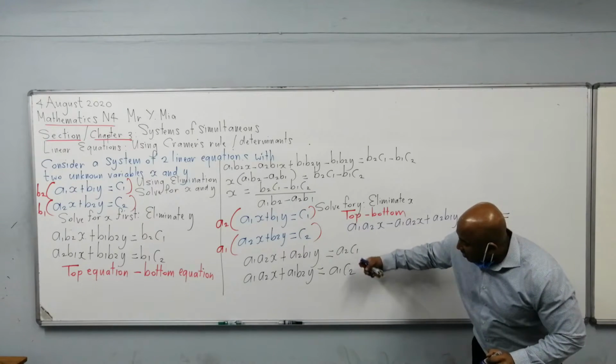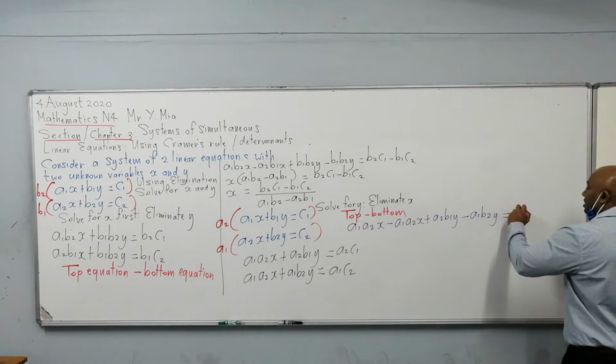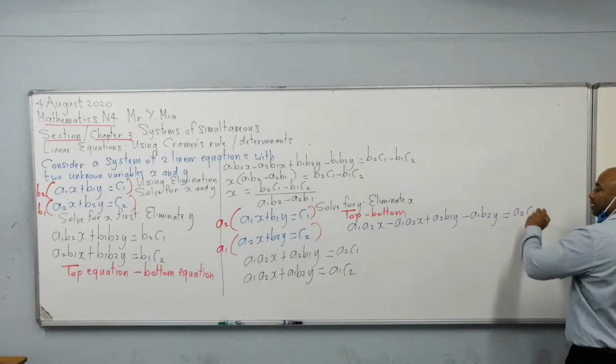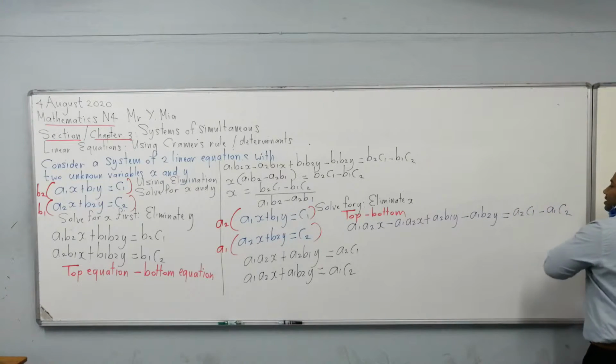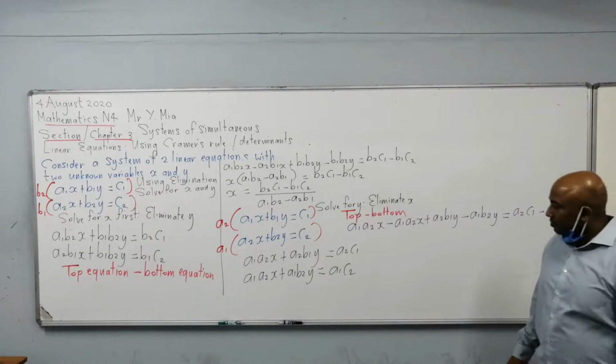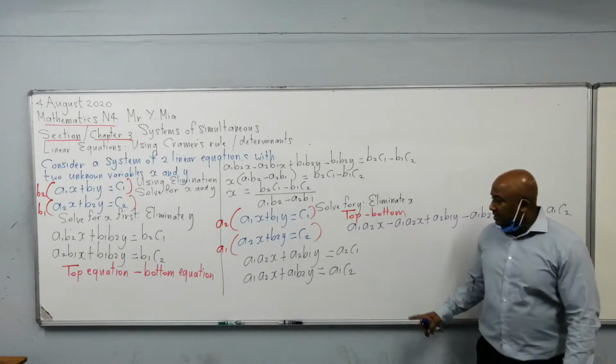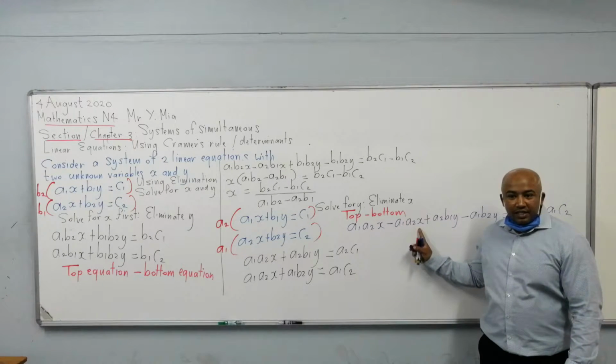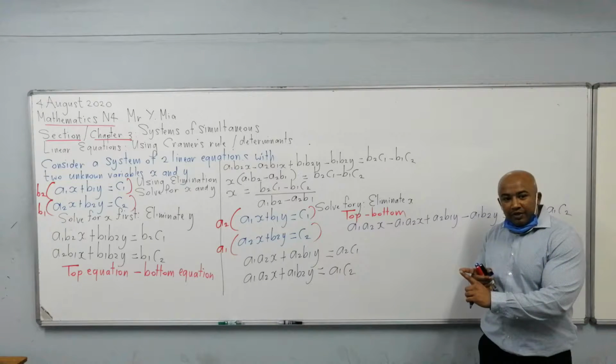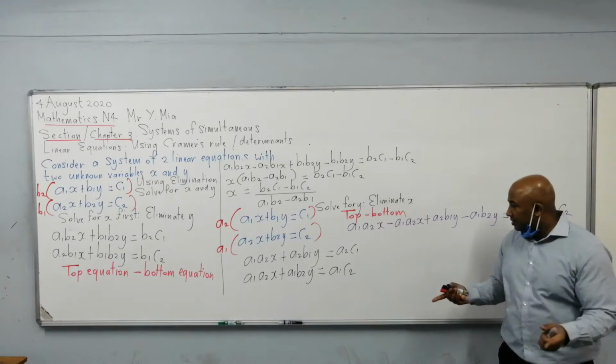And then the right hand side, top minus bottom again, that's going to be A2, C1 minus A1, C2.